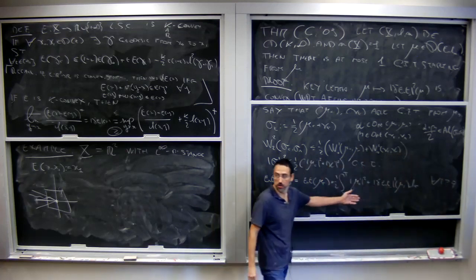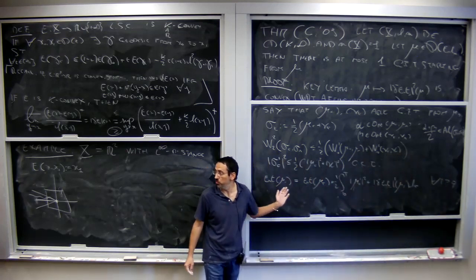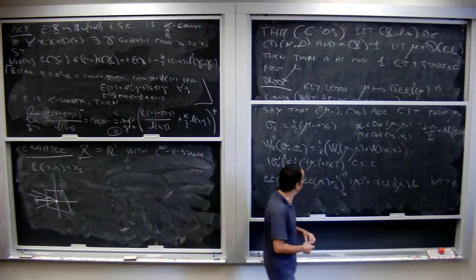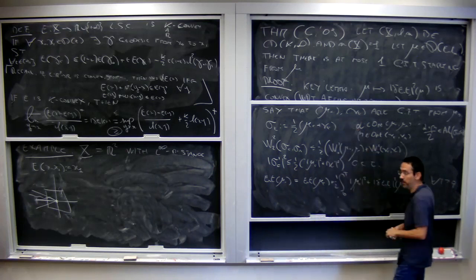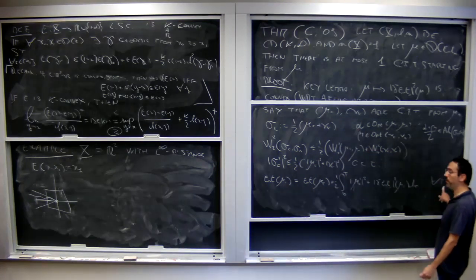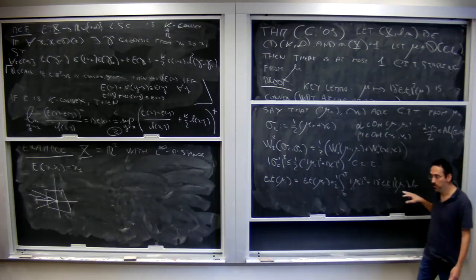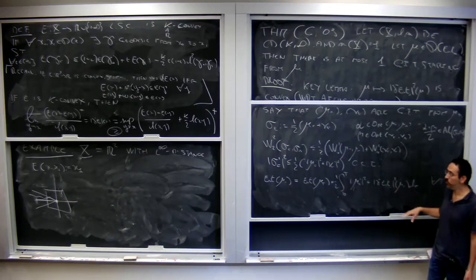And the same for nu. This is the fact that mu and nu are gradient flow trajectories. But now, what's the point? The point is that if these two are not the same, then there will be some capital T such that mu_T is different from nu_T. Pick that T. You write this identity for mu and this identity for nu, and then you take the average.